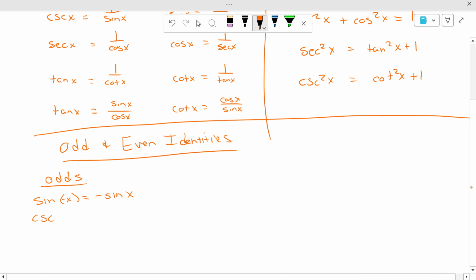The cosecant of negative x is equal to negative cosecant of x. The tangent of negative x is equal to negative tangent of x, and the cotangent of negative x is equal to negative cotangent of x.